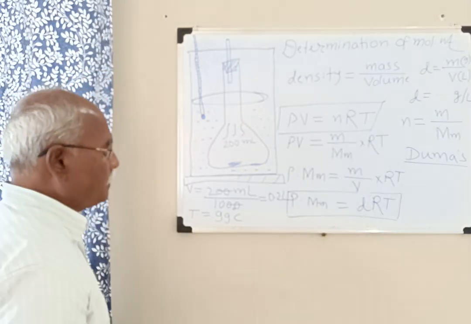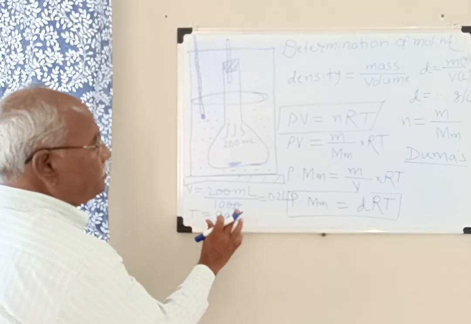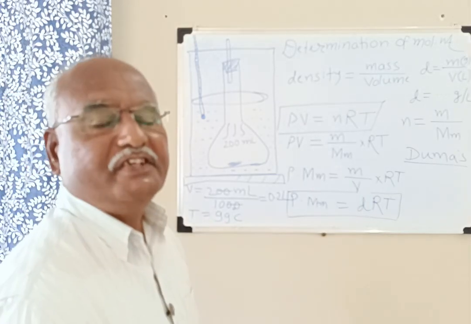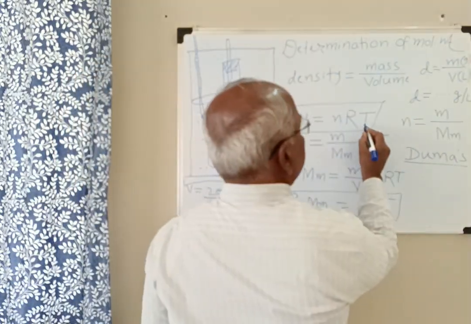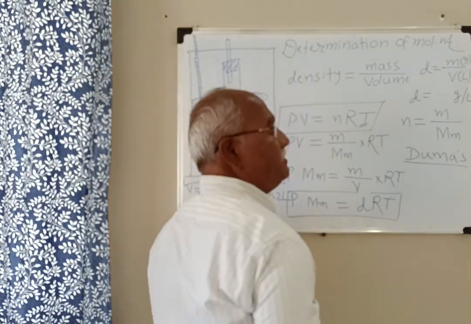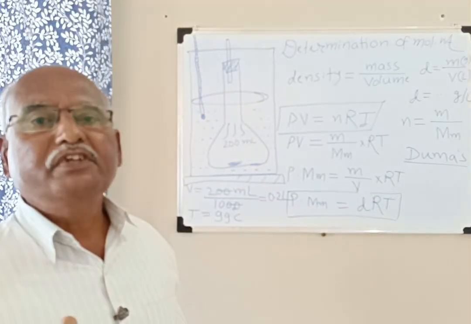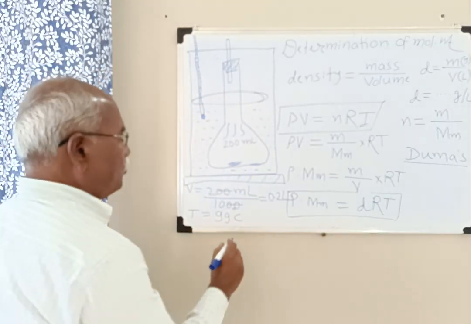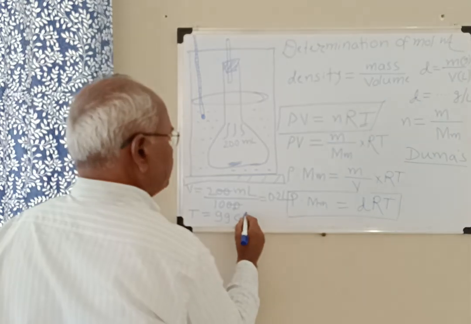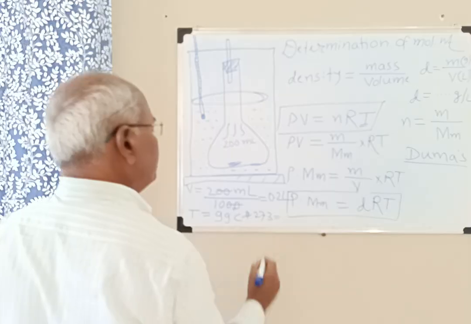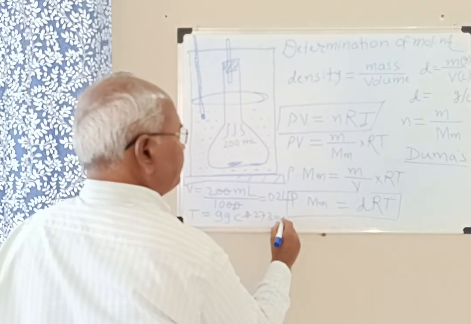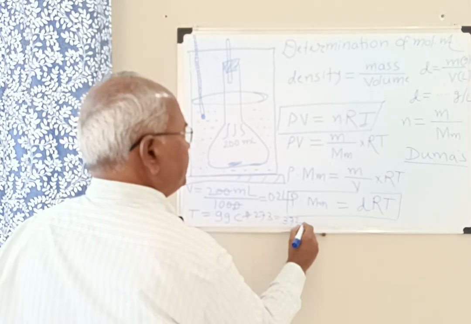Look here, this is temperature in degrees Celsius. But in this equation, temperature is in Kelvin scale. Therefore, add plus 273, that is equal to 372 Kelvin.